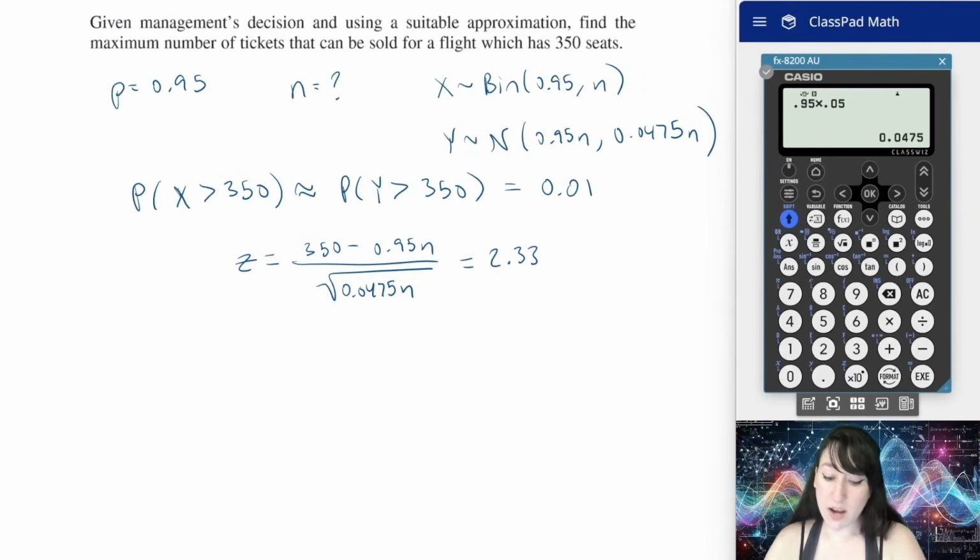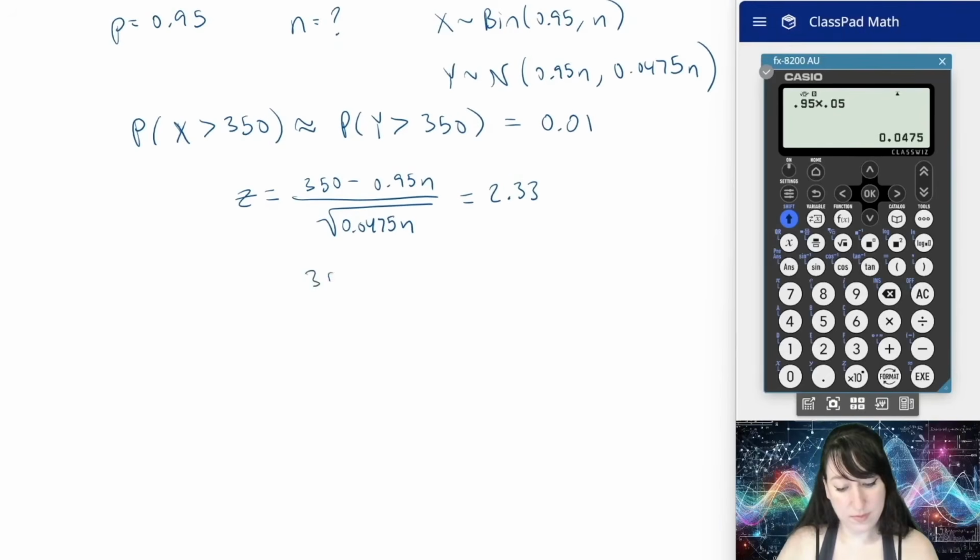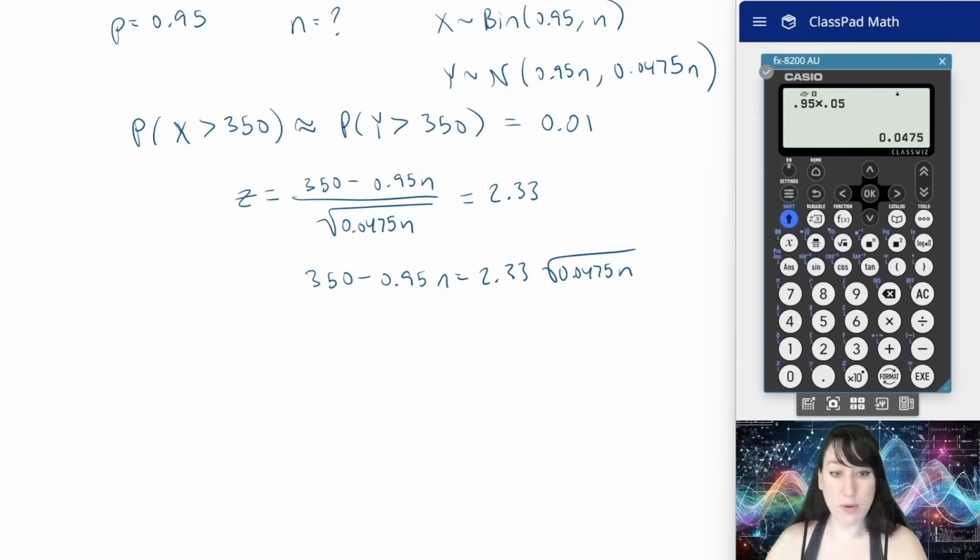Now, if we can solve this for n, we'll find n, the number of tickets that can be sold, such that less than 1% of the time we get more than 350 passengers showing up. So it looks like we'll have to square both sides.